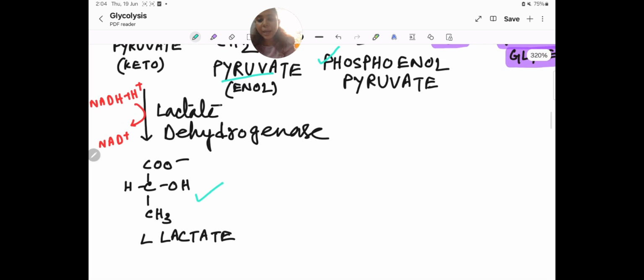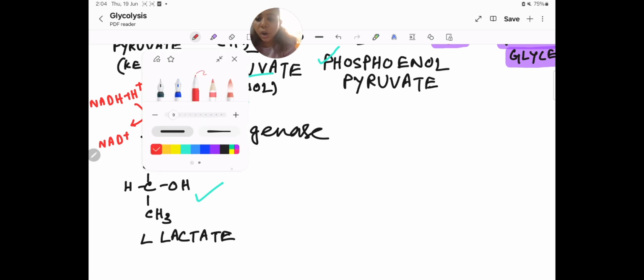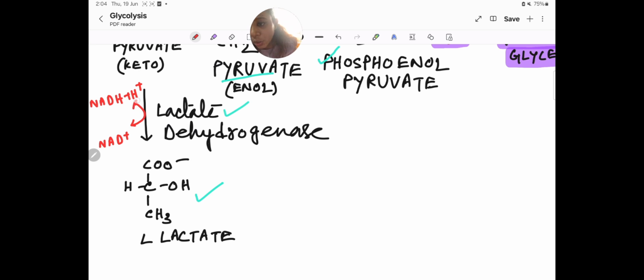The enzyme will be lactate dehydrogenase, and there will be generation of NAD plus from NADH plus H plus. Again 3 ATP will be generated in this step, and the enzyme is lactate dehydrogenase, and the compound is COO minus, HOH and CH3. That is lactate.